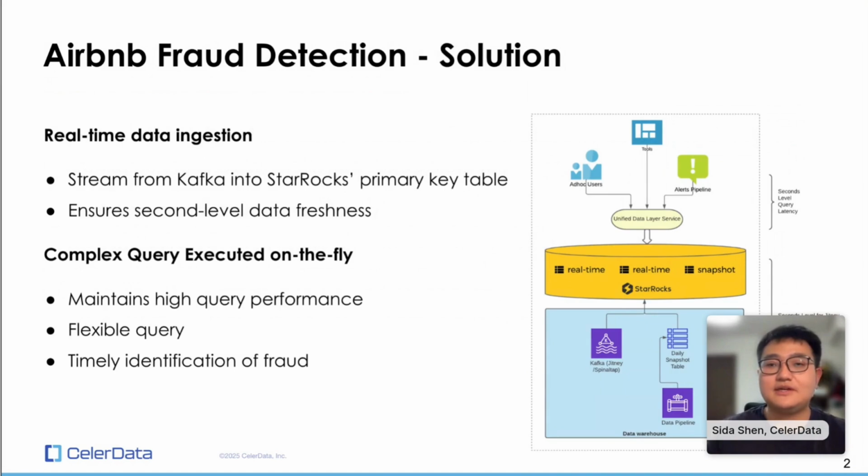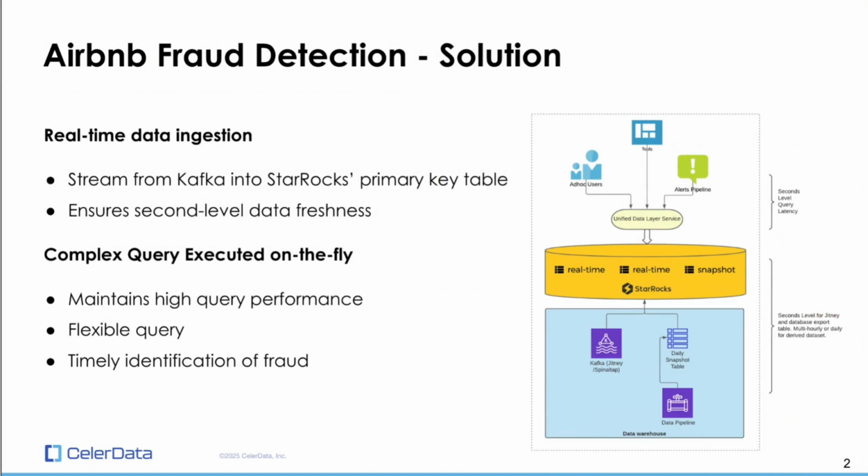So they basically found StarRocks and they were able to implement this project, right? Real-time data ingestion directly streamed from Kafka into a StarRocks primary key table. It's the delete and insert table we talked about, right? So that ensured second-level data freshness. And then they were able to run complex queries on the fly without denormalization, right?